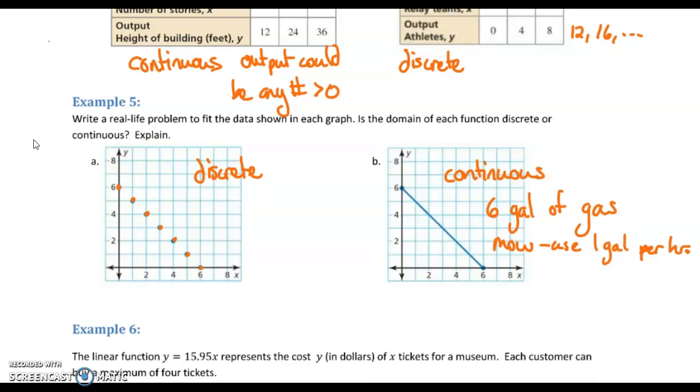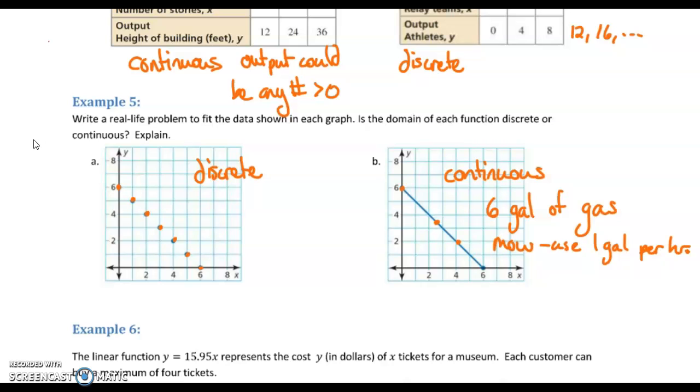So I'm mowing yards for a business. Well, okay, when I haven't mowed any, I start with 6 gallons. But you can mow for partial amounts of time. So I could mow for like 2.6 hours, and that means I'd have just around 3.5 gallons left. Or I could mow for 4.1 hours, and that means I'd have just under 2 gallons left.